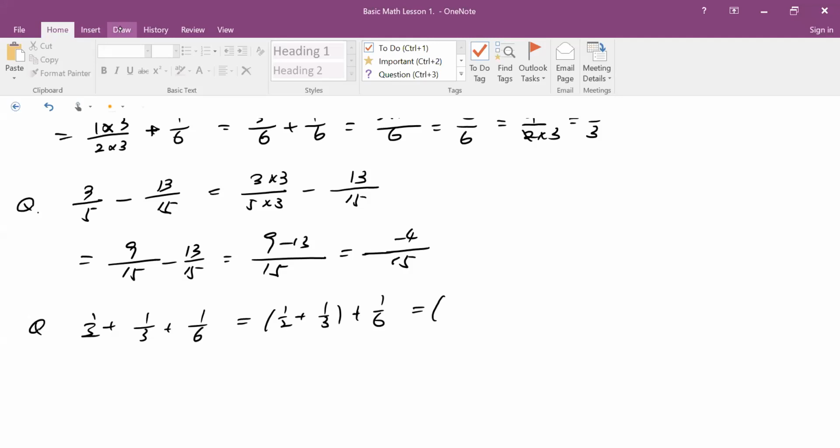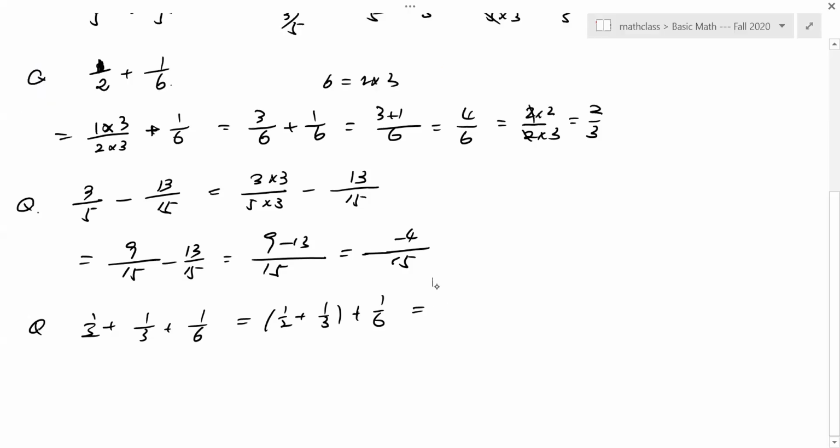It really doesn't matter which way first. Okay, so you can add the 1/3 plus 1 over 6 first. So you end up with the same result. But when you're talking about addition, you only consider two numbers.